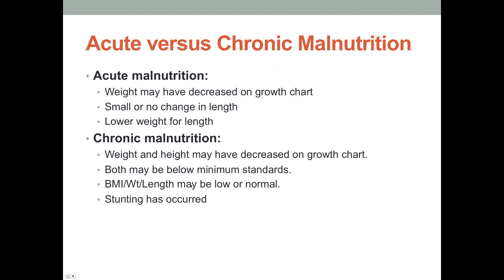So it could be that it's decreased, like it's 10th percentile, 5th percentile. But it could be normal if this has been long-term malnutrition, and that just means stunting has occurred. You'll see this often in developed nations, but also in children who are just chronically in poverty-stricken homes where there's not enough food.